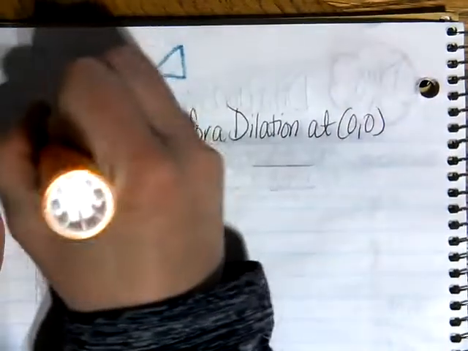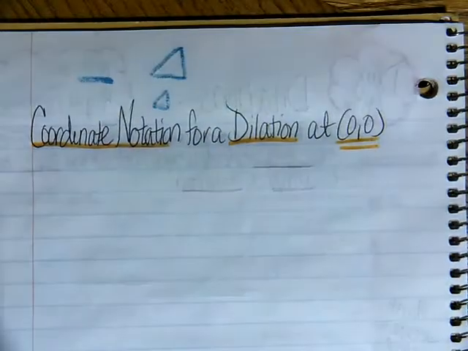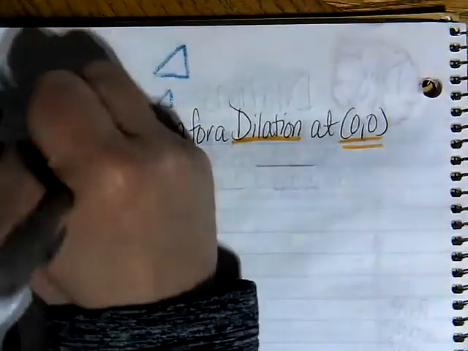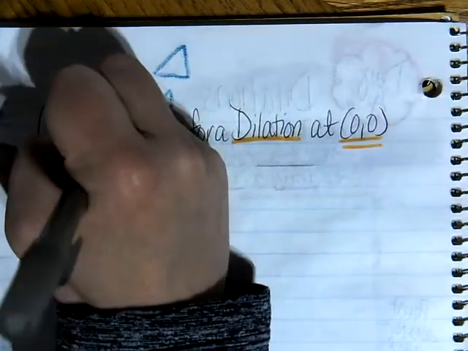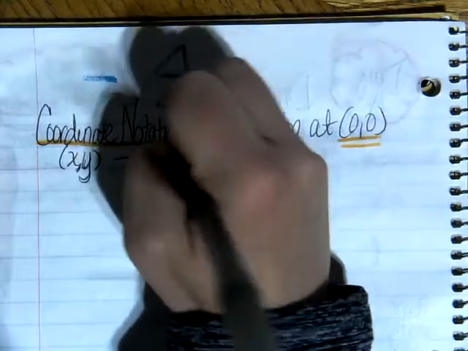So the coordinate notation for a dilation located at 0, 0 is this. The rule is going to be x, y changes into k times x and k times y.